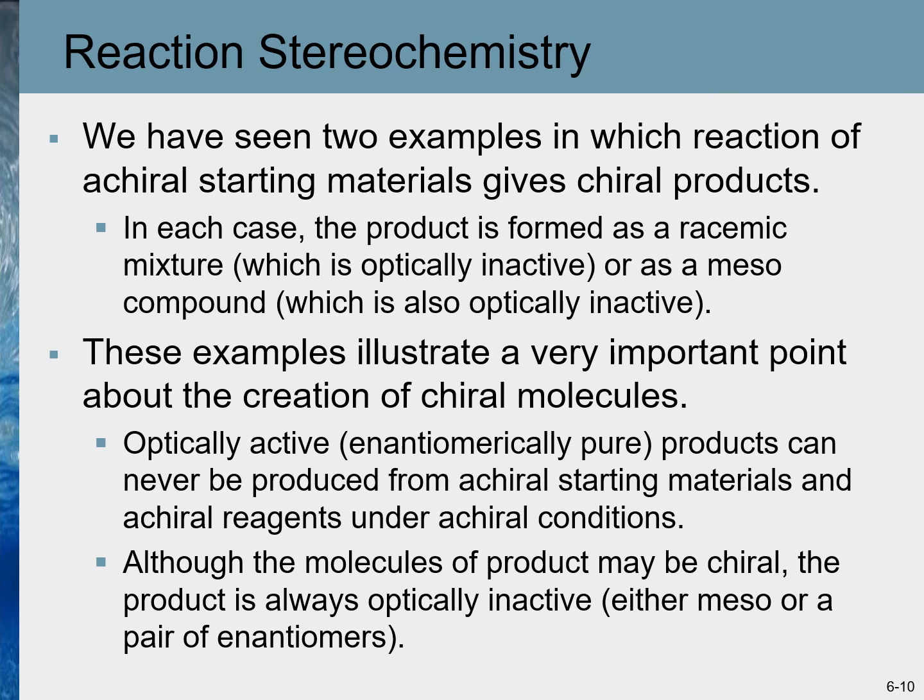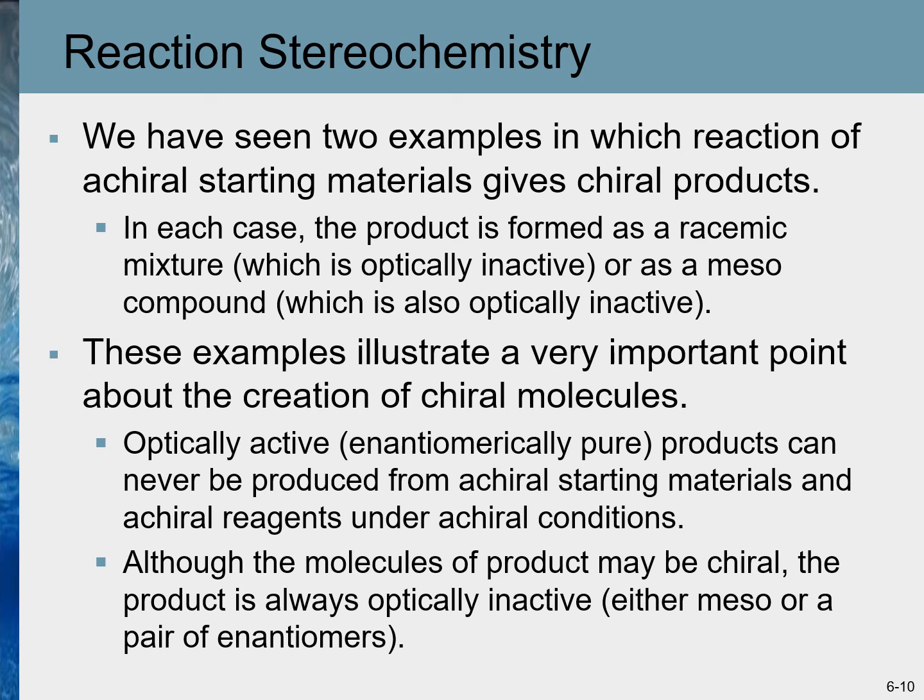So meso compound also has a chiral center. In the second example, we saw the oxidation of alkenes by osmium tetroxide. In that case also we started with achiral alkene and we end up with either a chiral pair of enantiomers or a meso compound. So both enantiomers also had chiral center and meso compound also had chiral center.